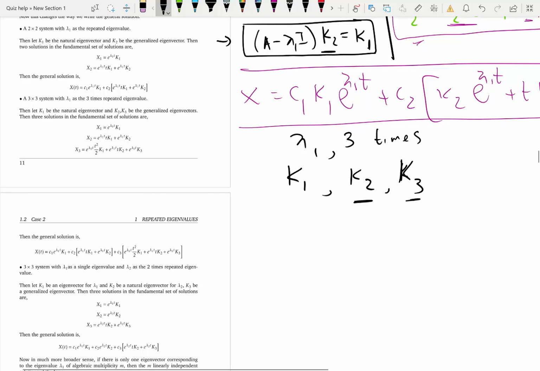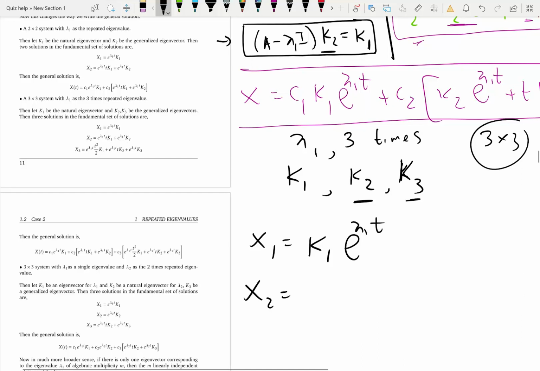Okay, now how do you write the solution? This is a 3 by 3 system, so we have 3 solutions in the fundamental set. The first solution is x1 = k1 e^(lambda 1 t), the natural one. Now you know how to write the second one, right? x2 = k2 e^(lambda 1 t) + t k1 e^(lambda 1 t).